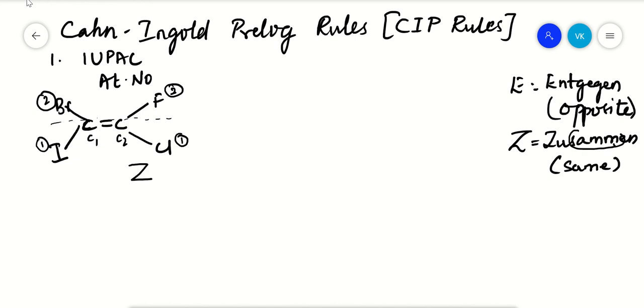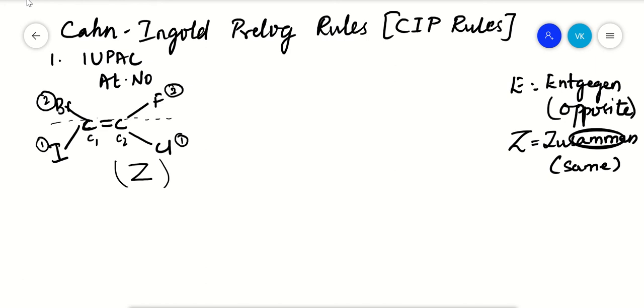If you have the same side of atoms on a double bond, then we say that configuration is Z configuration. So this is the first rule: atomic numbers are given, and if both the highest atomic number atoms fall on the same side of the double bond, then we say that molecule is Z.